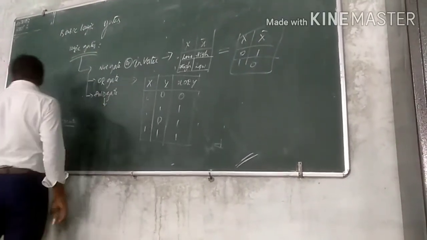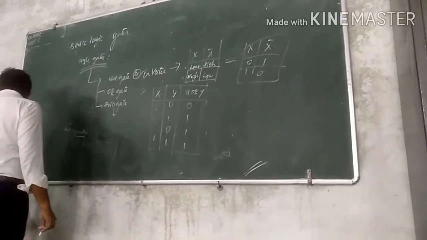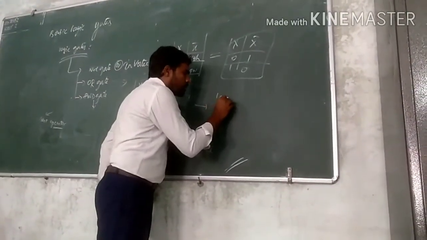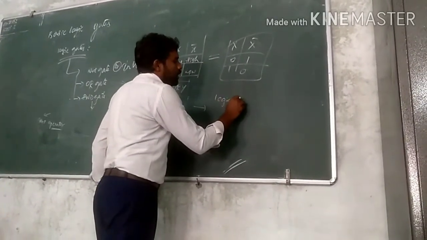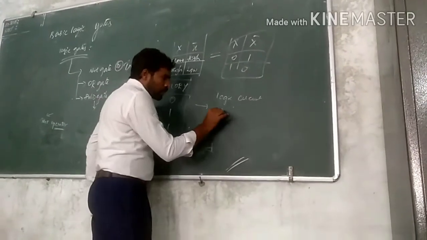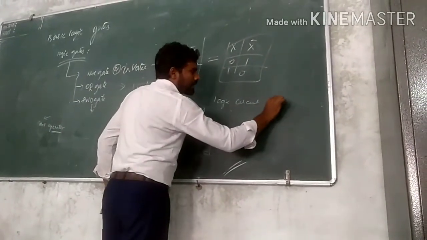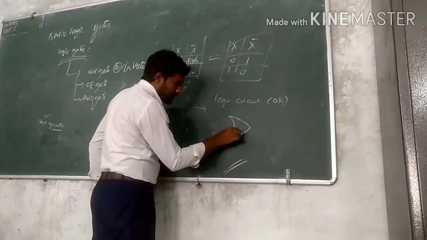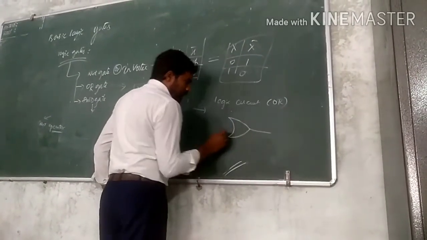Next, come back to the AND gate. So what exactly is the AND gate? Before going to the AND gate, we need to know what kind of logic circuit can be created using this table over here. As per the OR gate, we are supposed to use a symbol like this. This is the symbol we use for the OR gate.